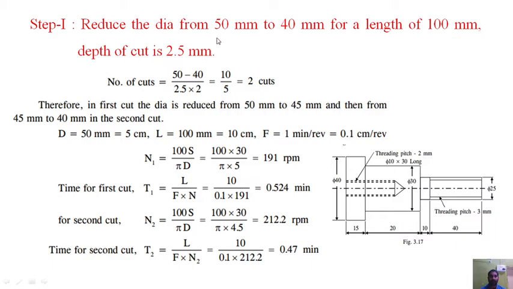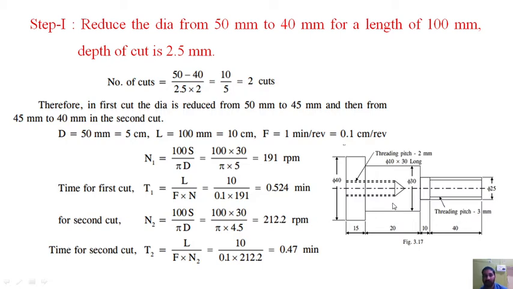So the first step is to reduce 50 to 40 dia, with a depth of cut of 2.5. In each step the maximum depth of cut you can give is 2.5 radially, so diametrically it will cut 5. So first you make a 40 throughout.